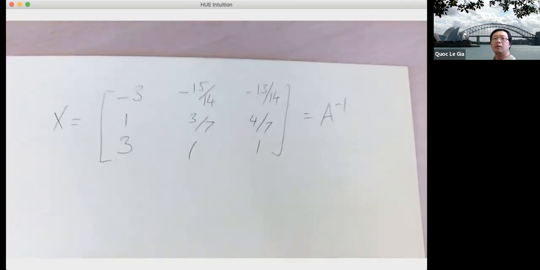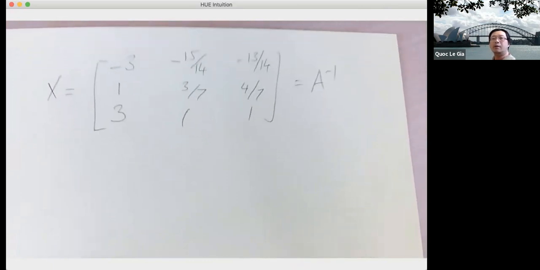And this will be your inverse of the matrix A. Okay, so this is A inverse. So you can ask, what's the point of doing this? Well, suppose you are asked to write a C program to compute the inverse of a matrix using the LU factorization. At least you know how to do it by hand first, and you can program it.